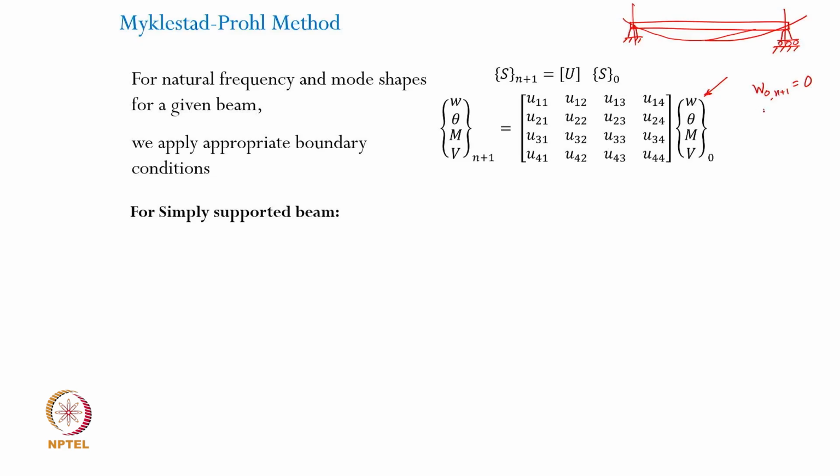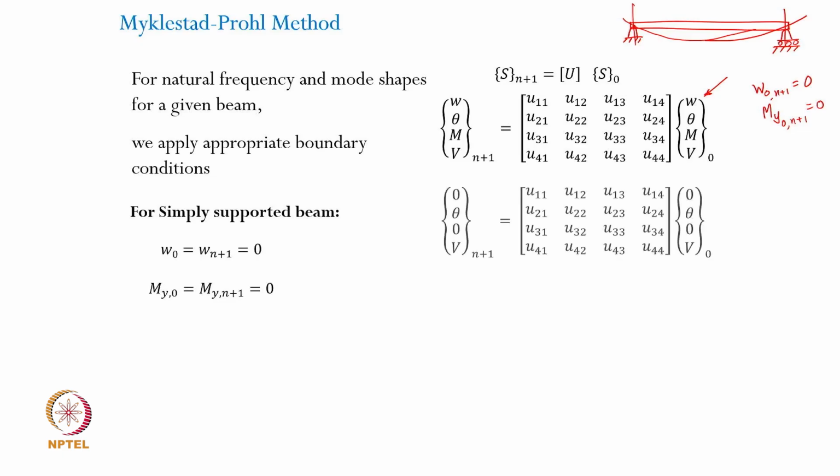So what you know very well is that W and M at 0 and n plus 1 both are 0 for the simply supported end conditions. So that is how we have it, and therefore when you substitute W equal to 0 and M equal to 0 at both n plus 1 and 0, this is how the matrix equation gets modified.